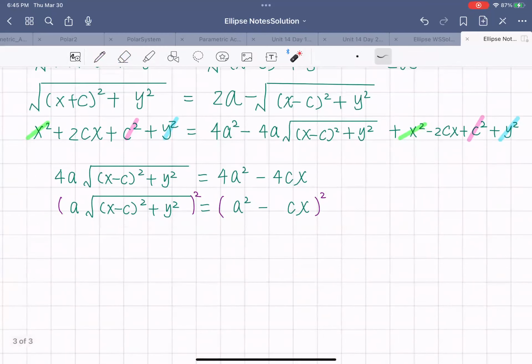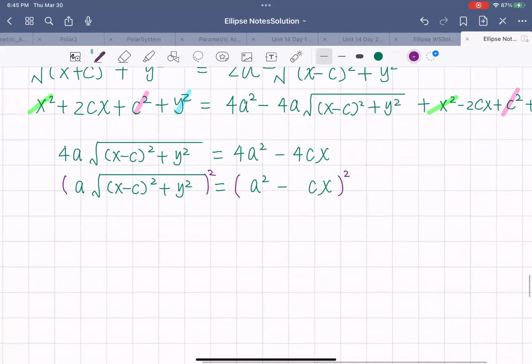Now I ask you, this term squared becomes who? A squared. Yes. And then parentheses, we will have that guy. Okay, let's go. X minus c. We will expand this thing also. Okay.